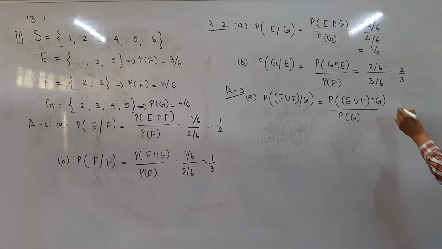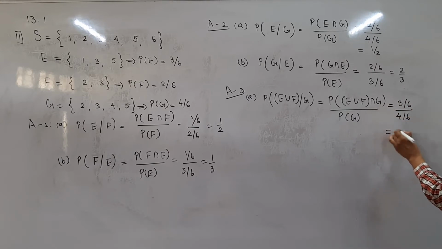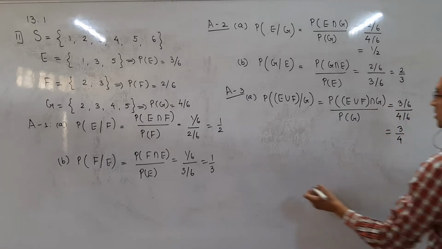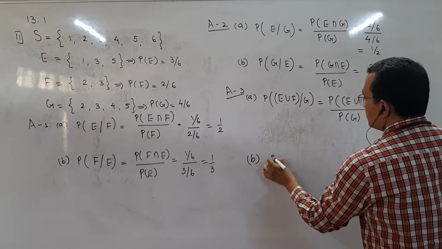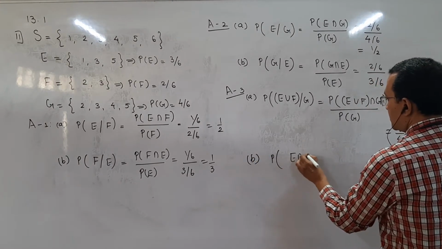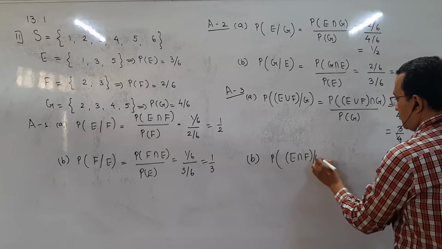So this probability will be 3 by 6 upon 4 by 6. So this is 3/4.